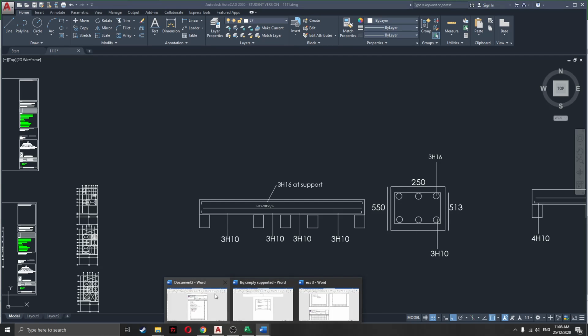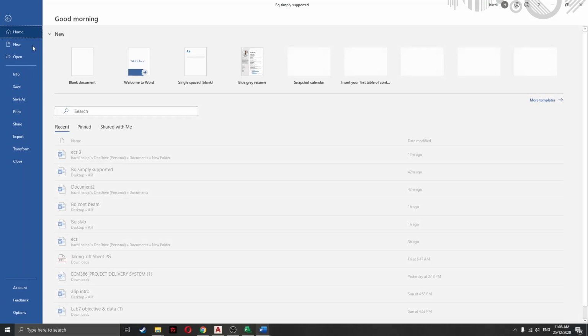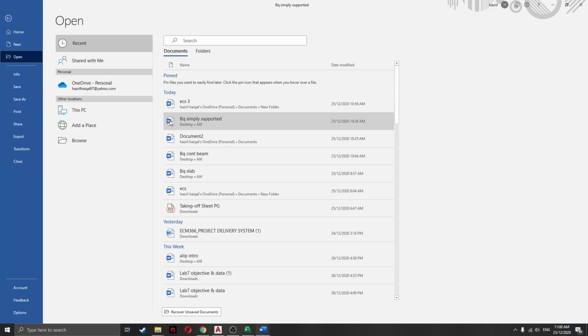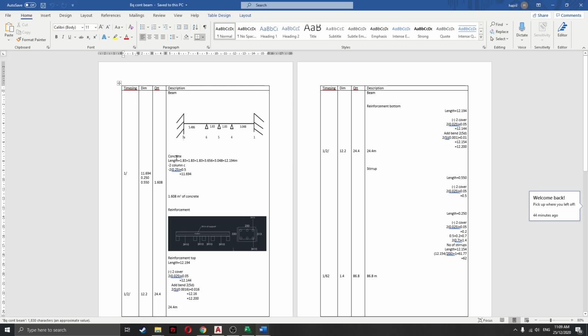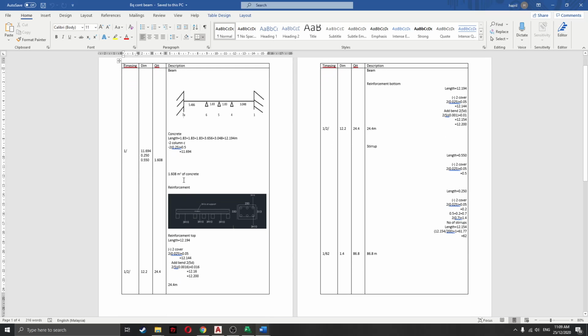For the BQ, first I find the concrete, I get 11.694 times the width times height, get 1.608 meter cube of concrete.